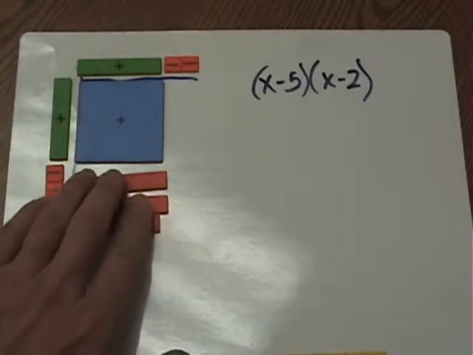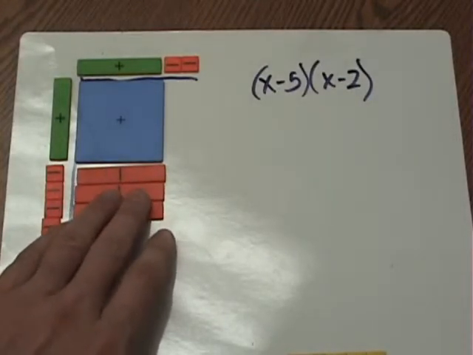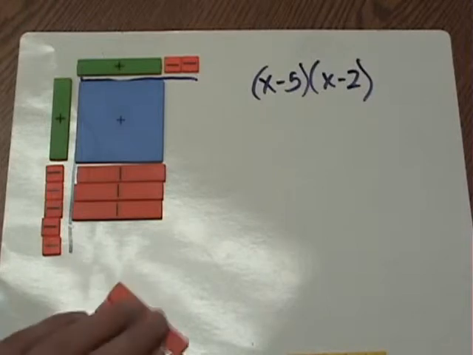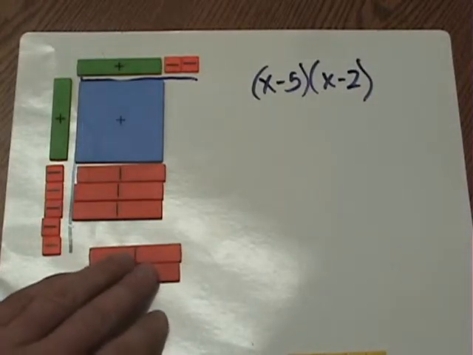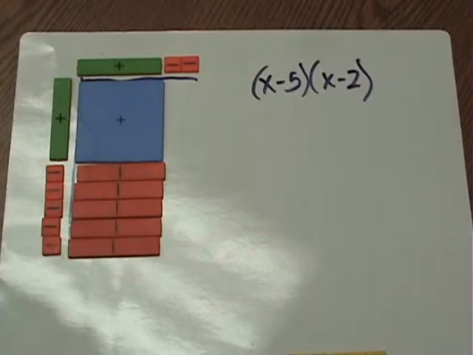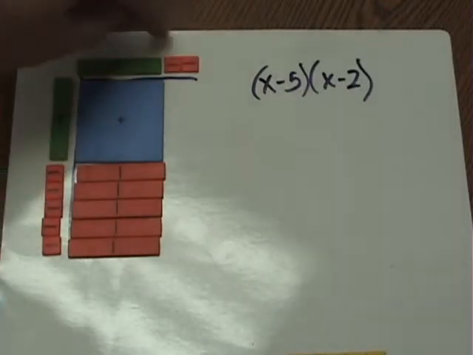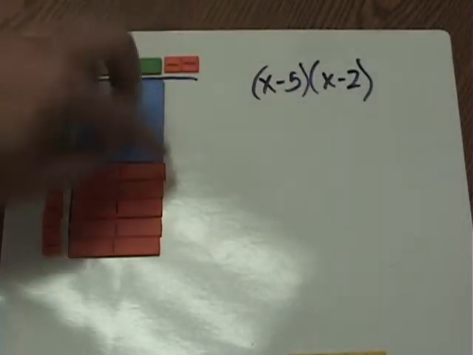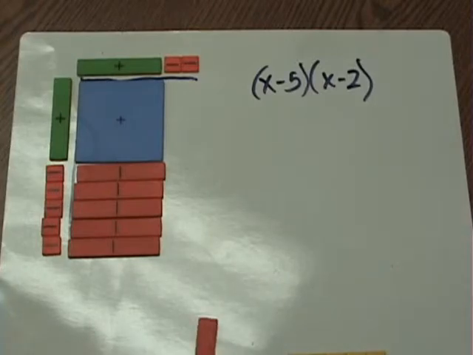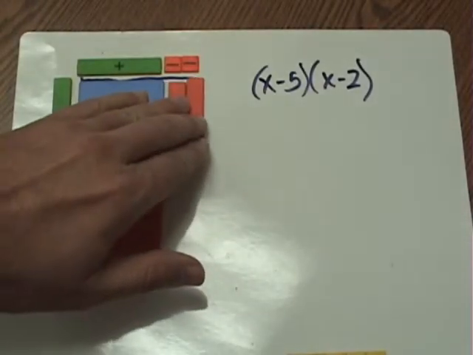Since we have 5 of those, we're going to have 5 x's to line up, that way each one of those lines up. Over here we have 2 units that also have to be x units long, so I'm going to need another 2 x's to go in here.